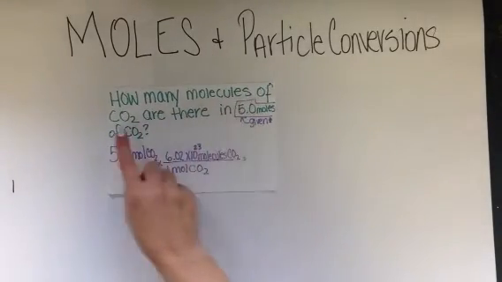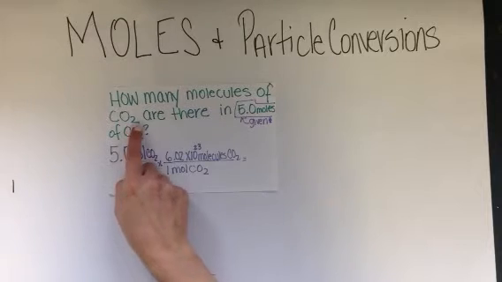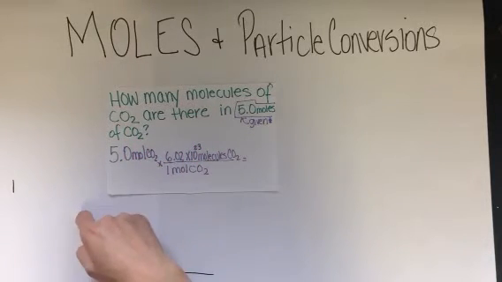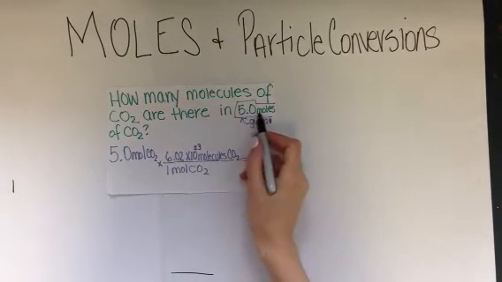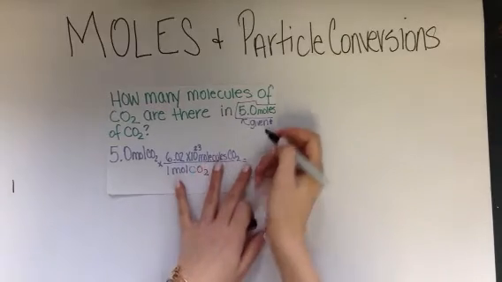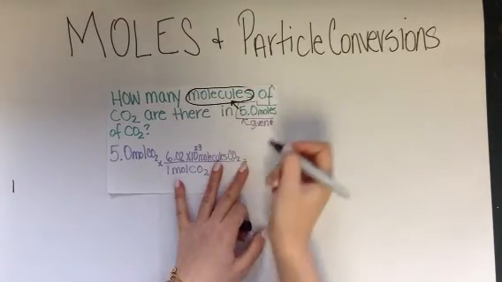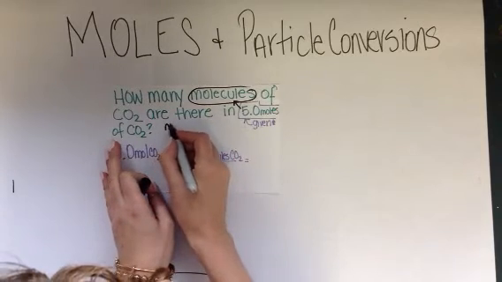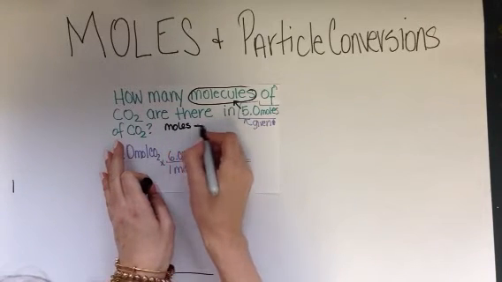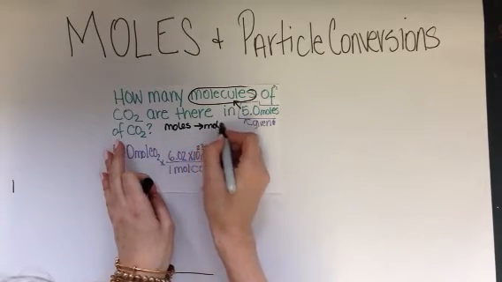How many molecules of CO2 are there in 5.0 moles of CO2? Okay, so if you notice in this problem, we're given 5.0 moles. And we want to take moles and go to molecules. How many molecules, right? So we're going from moles to molecules.